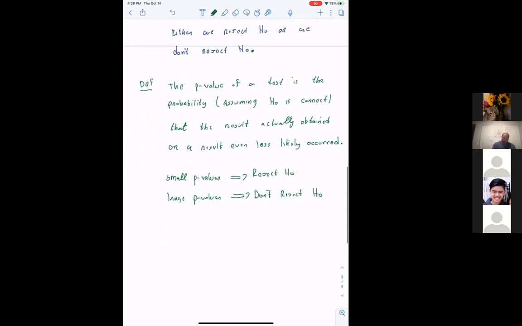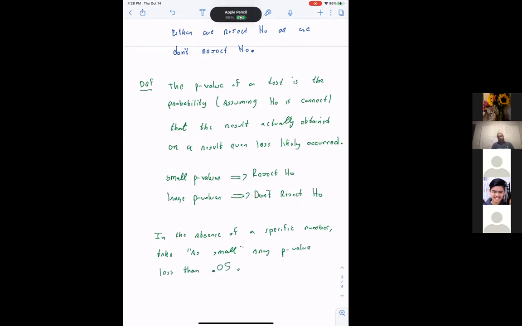So in the absence of a specific number, take as small any p-value less than 0.05.